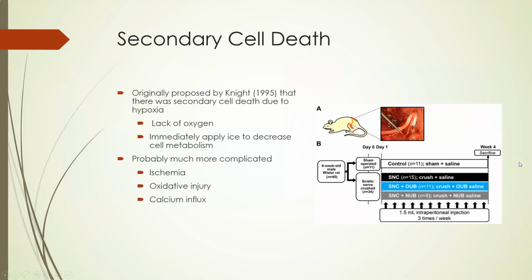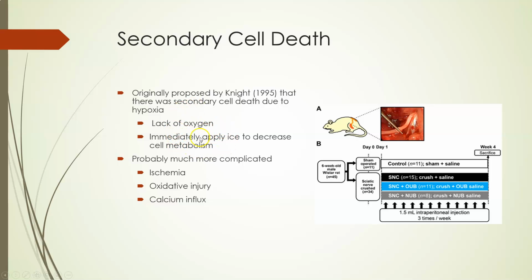Another area that is talked a lot about is that secondary cell death and how much of that really is occurring. It was originally proposed by Knight due to this lack of oxygen, and that's why it was suggested to immediately apply ice to decrease the cell metabolism.